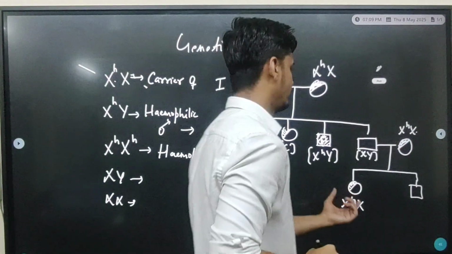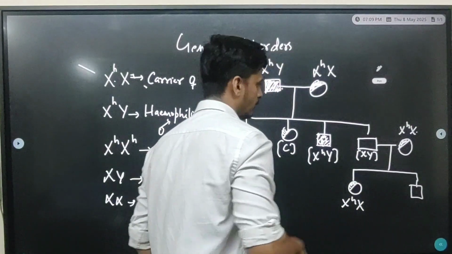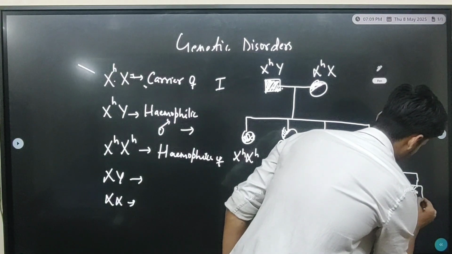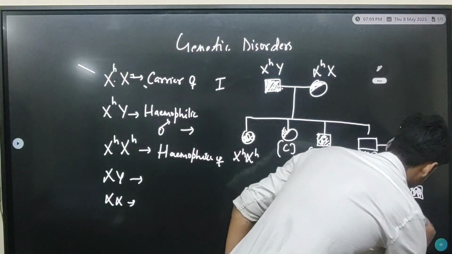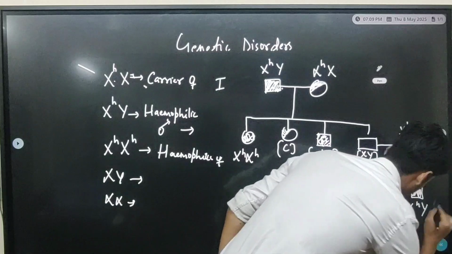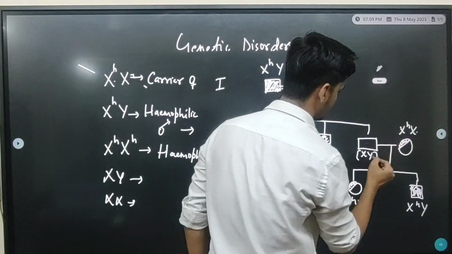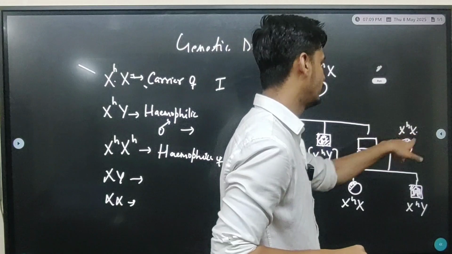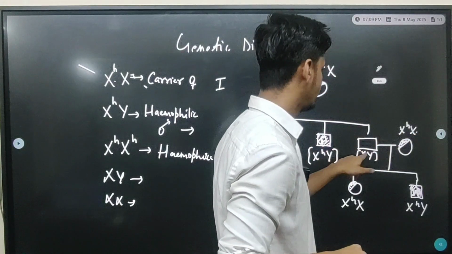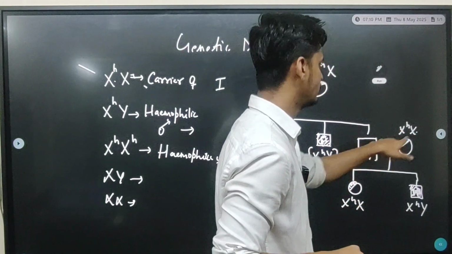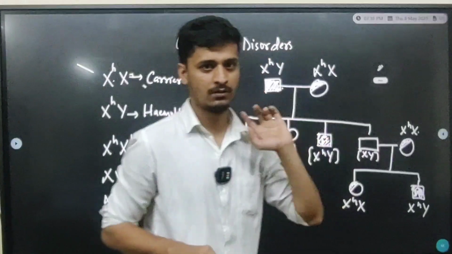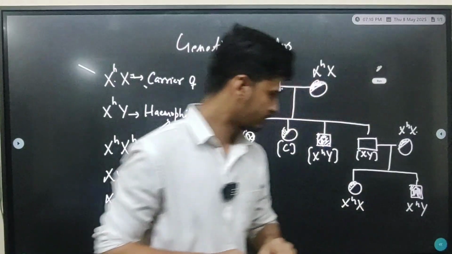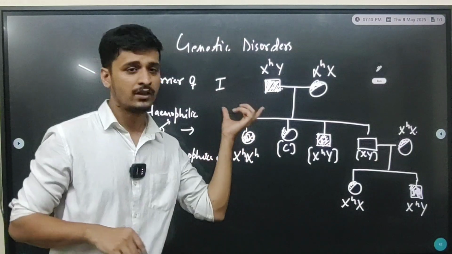In this generation, 50% of males will be affected, XHY, and 50% of males will be normal. Here also, 50% of females are carriers and 50% of females are normal. So this is about hemophilia.